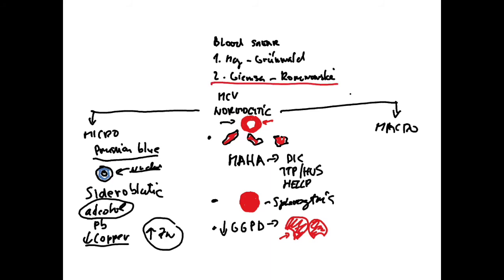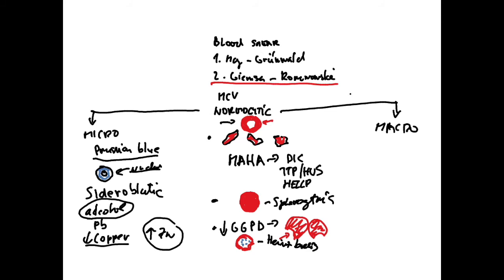You have to do a special staining, and also you could see, I'm going to draw the erythrocyte over here. It could be bitten, but with a special staining, you don't have to know which one, you can see Heinz bodies. Remember Heinz bodies, you won't see them in regular staining. Heinz bodies are so typical for G6PD.